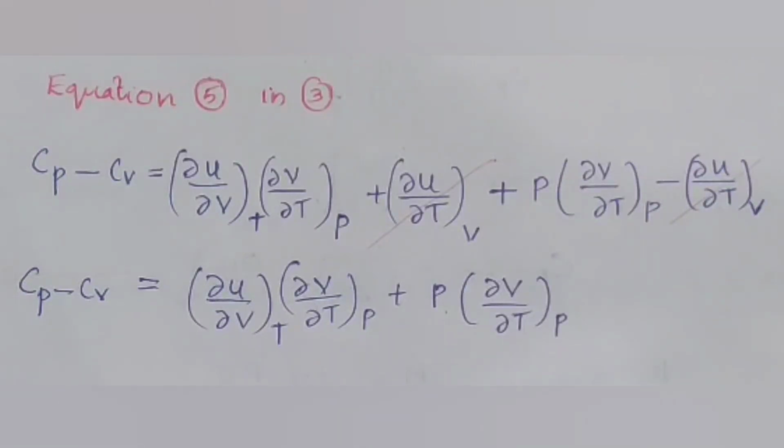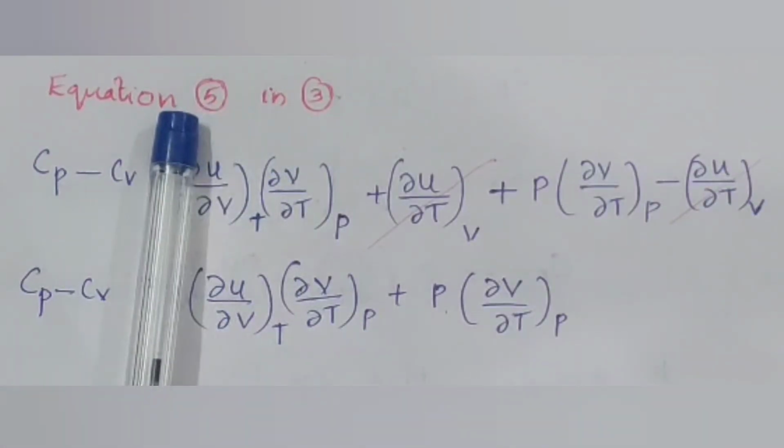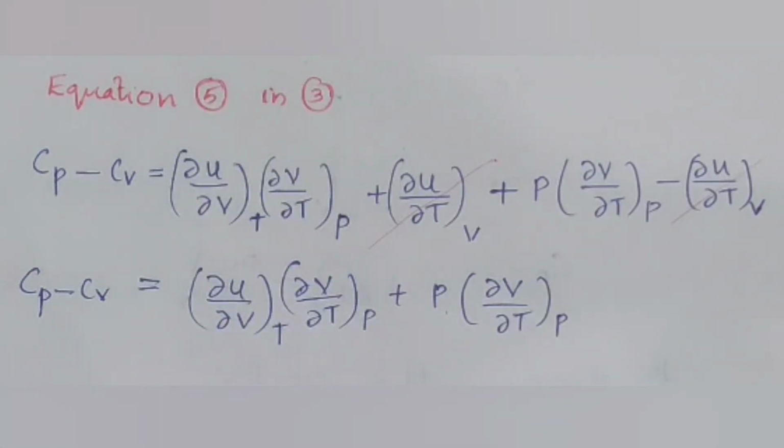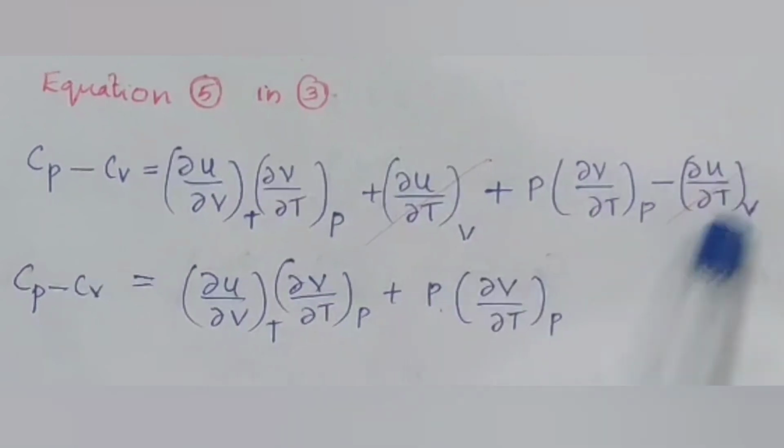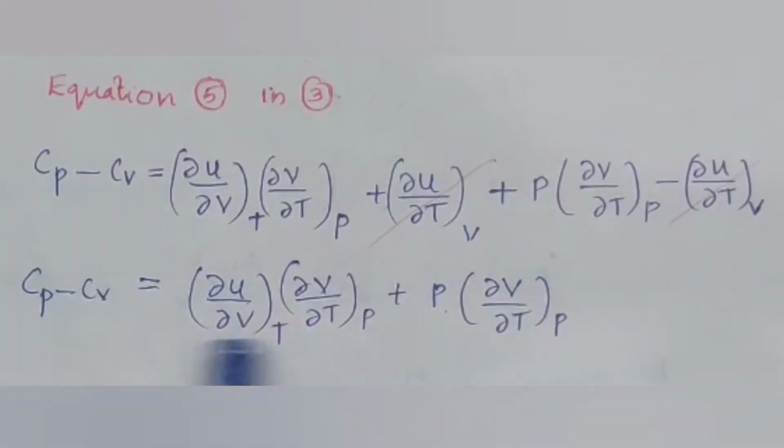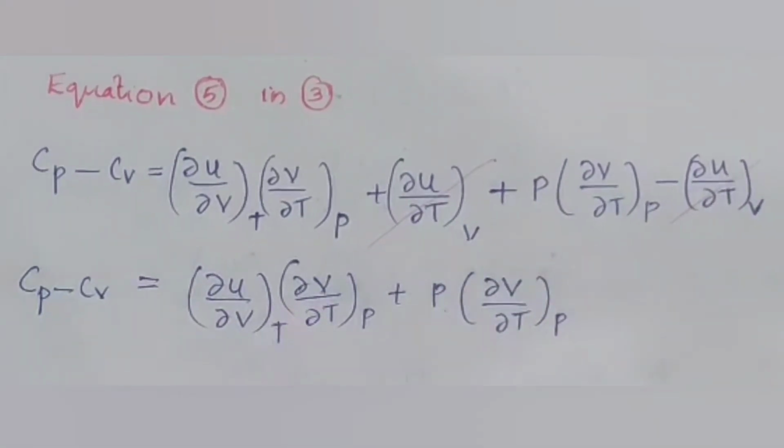And finally, substituting equation number 5 in equation number 3, we are getting this, and cancelling both these terms, we are getting Cp minus Cv is equal to this term. This is a very important equation.